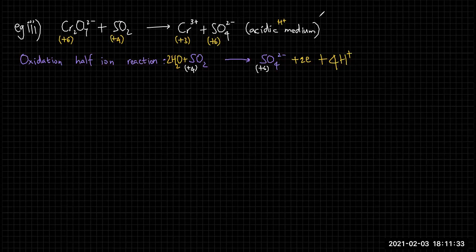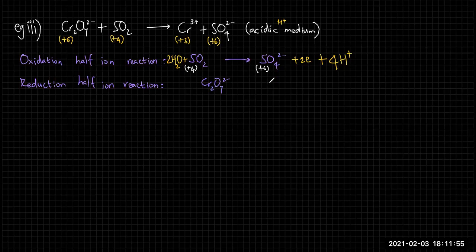And next is the reduction half ion reaction. So let's write it, reduction half ion reaction. Right, who is undergoing reduction now? Dichromate is undergoing reduction. So last time I made a mistake by not leaving enough space. This time we'll write with sufficient space.